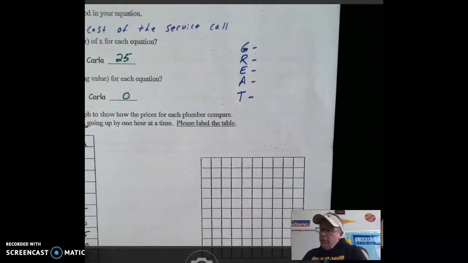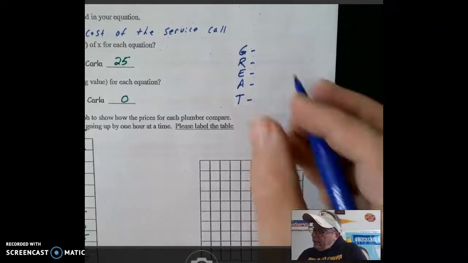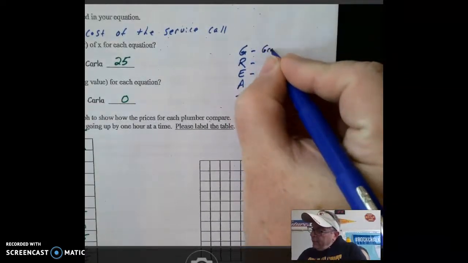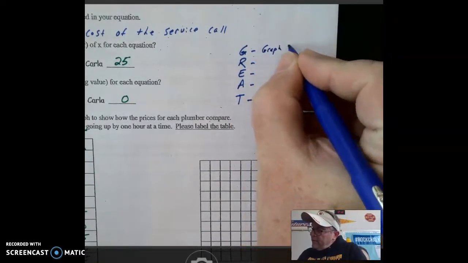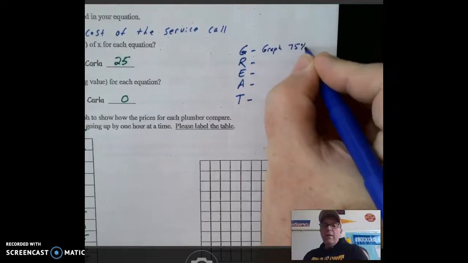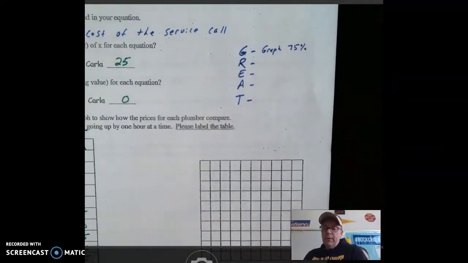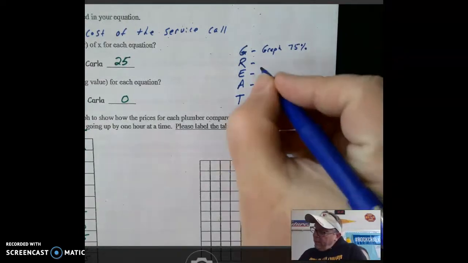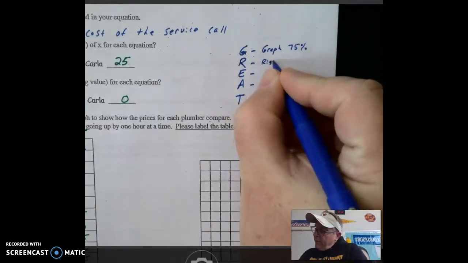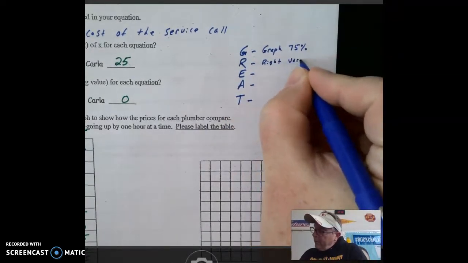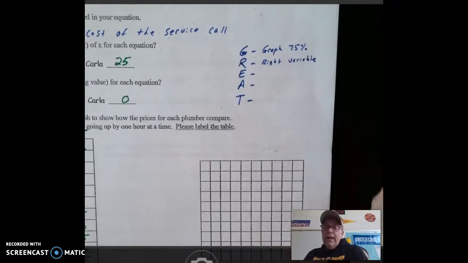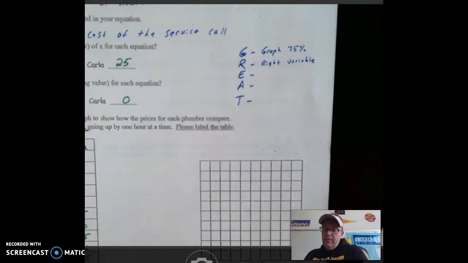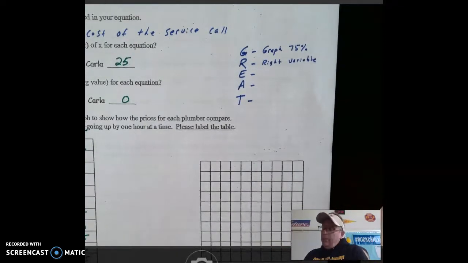With a great graph, you want your graph to be 75% of your workspace. It's not an exact thing, you just don't want a super tiny graph in a big space. The second part is you need the right variable, and that means your independent and your dependent variable, are they in the right places?